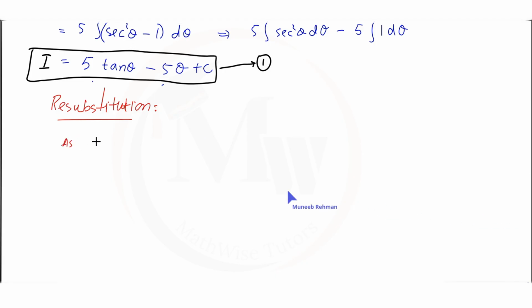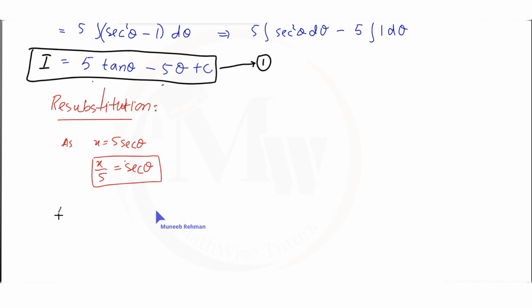In substitution, as you know, x is equal to 5 secant theta, right? So what will be secant theta? By taking 5 on the other side, it will be x over 5, right? So x over 5 is the secant theta value. Now plug this x over 5 as secant theta in the trigonometric identity to find the tan theta value.